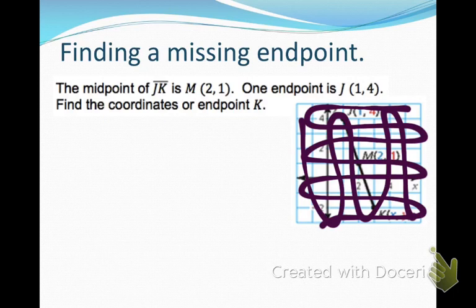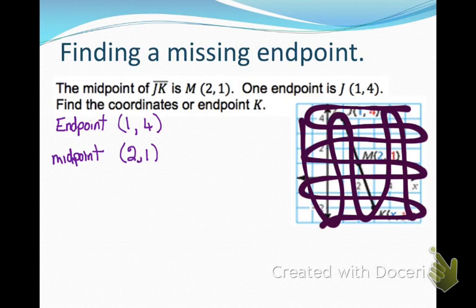What if I didn't know what that endpoint was, and all they've given me are these coordinates? Well, I would like you to do this. I would like you to write your known endpoint, and then give a little space, write your midpoint, and then give a little more space and write your unknown endpoint with blanks.